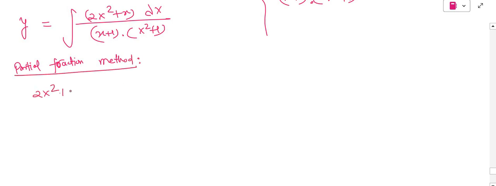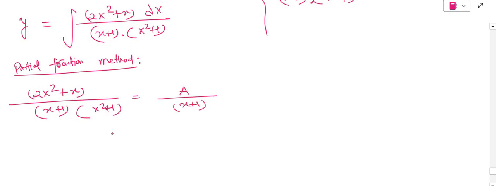So let me do it. 2x square plus x by x plus 1 into x square plus 1 will be a by x plus 1. Correct? Because this is single power. And whenever there is a square term, we use bx plus c by x square plus 1. Correct?